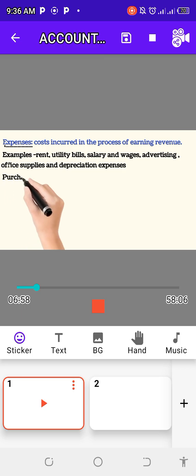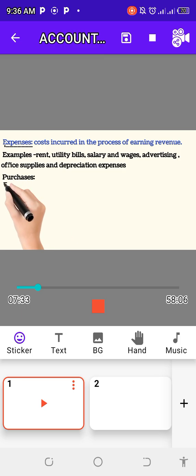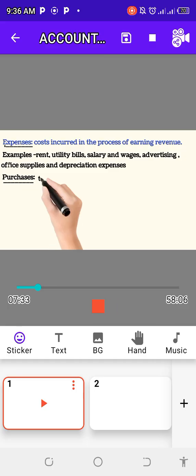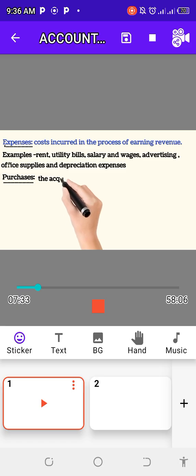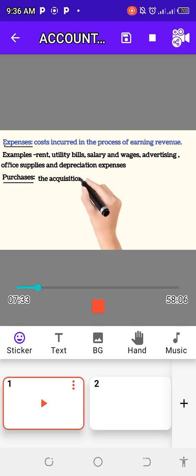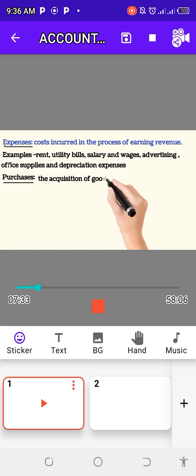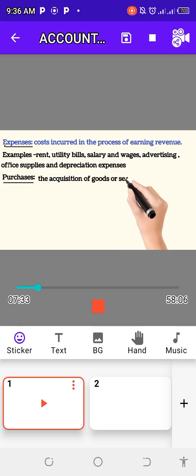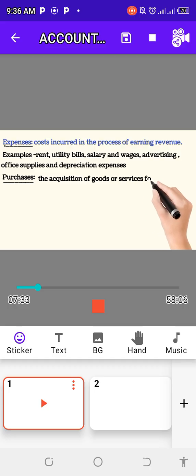Now, purchase. Purchase is the acquisition of goods or services for the purpose of reselling them. The acquisition of goods or services for the purpose of what?